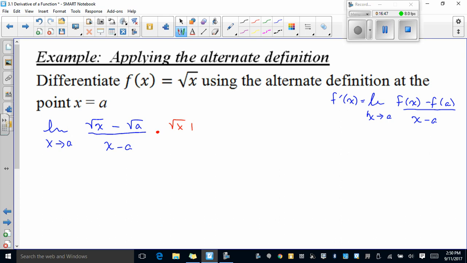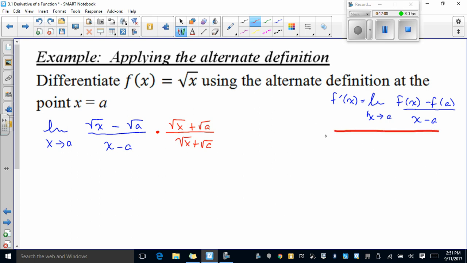This is where my side work is going to come in really, really handy because this is work that we need to do, but you don't necessarily need to show it within the problem.